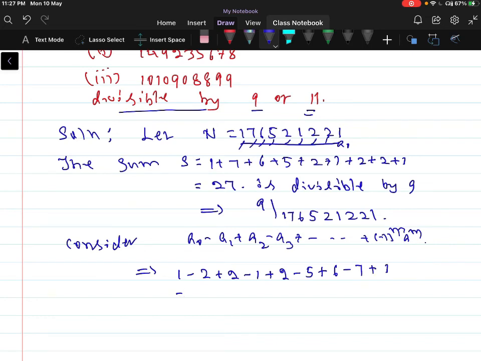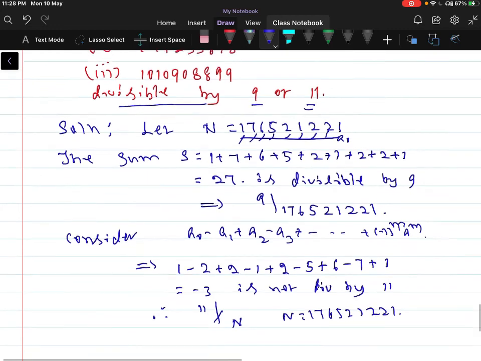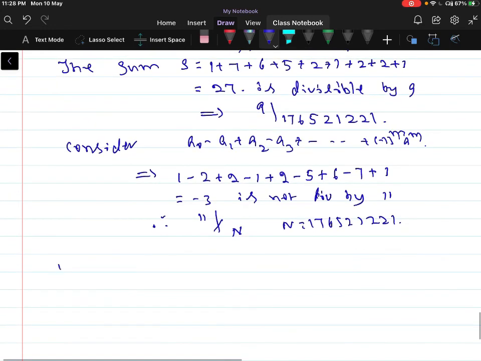Now this is equal to minus 3, which is not divisible by 11. Therefore 11 does not divide the number n, where n is equal to 176521221.